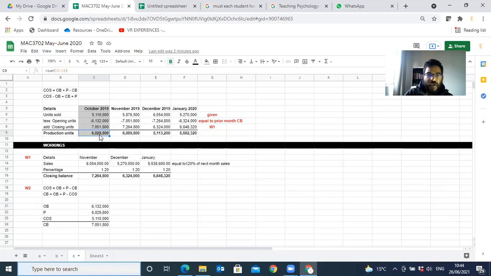I can work it out. By the fact that they did give me production units just for October, which is based on actual information. Remember, November is all budgeted. Because it's all budgeted, it will follow the policy that closing inventory is 120% of next month's sales. Now I know October is actual information.